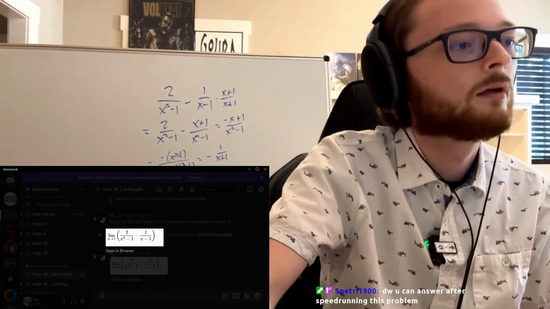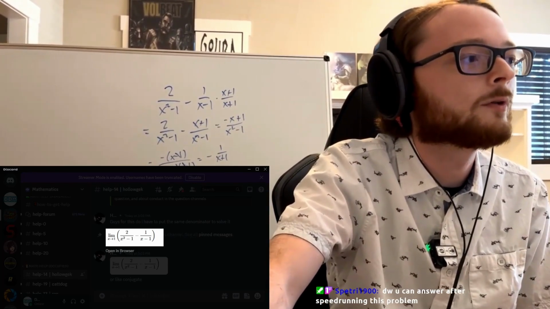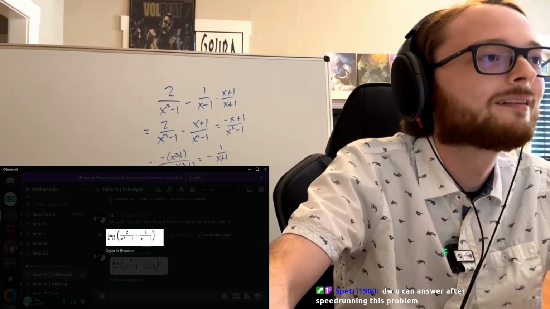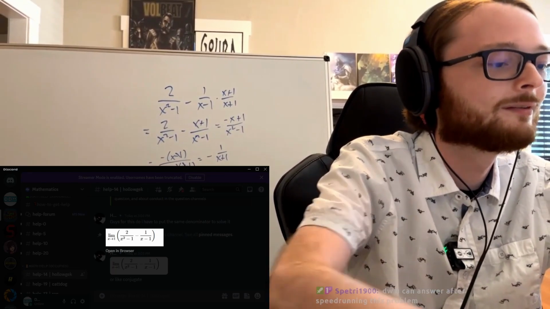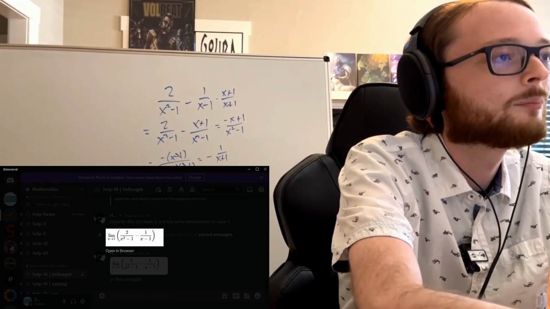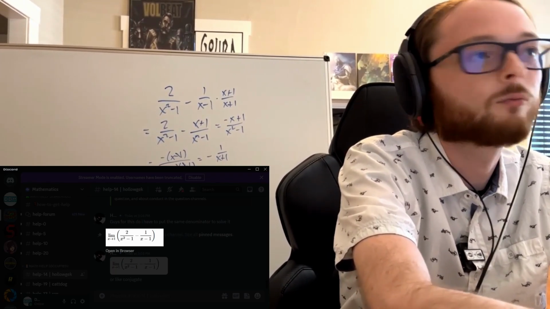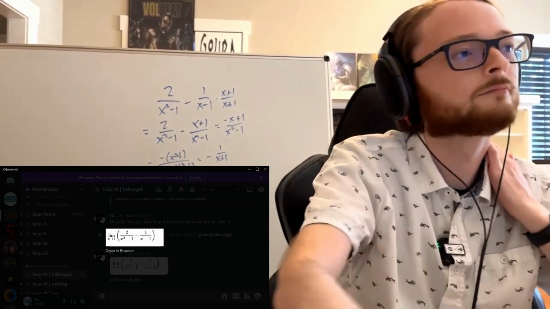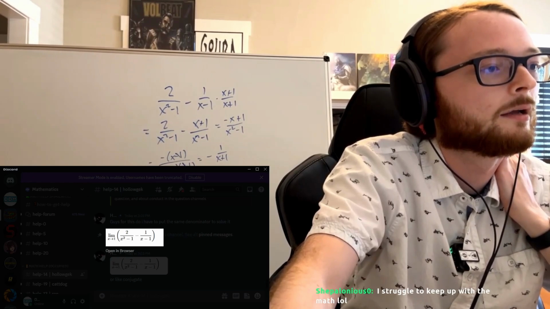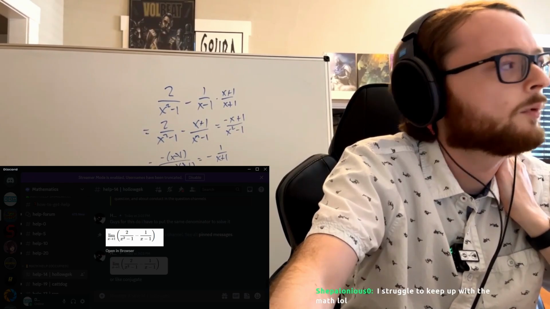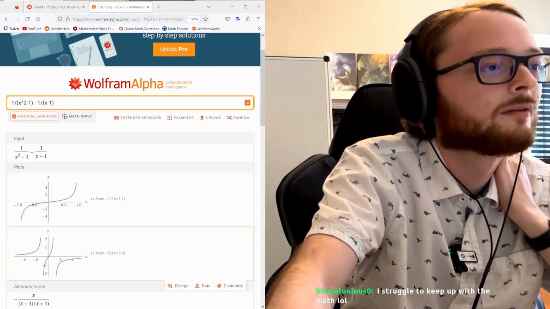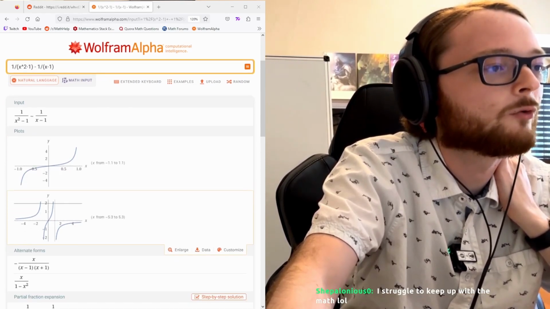Okay. Let me plug this into Wolfram Alpha quickly, just to be sure. I just want to see the graph of it. Negative 1 over x minus 1. Oh, wait. As x approaches 1, we get two different values.